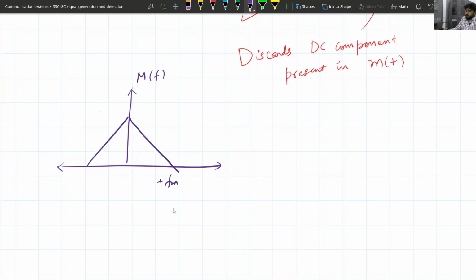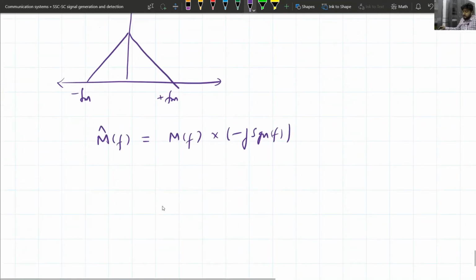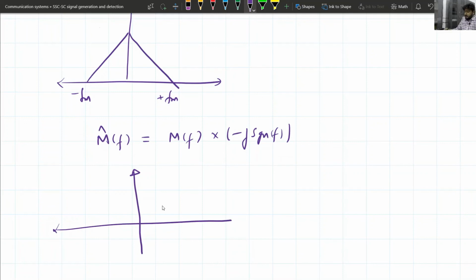This is plus f m, this is minus f m, and its corresponding Hilbert transform is given by M f multiplied by minus j sgn f. And minus j sgn f is given by this equation: plus j, 0, minus j.